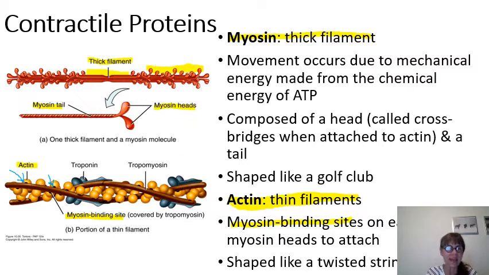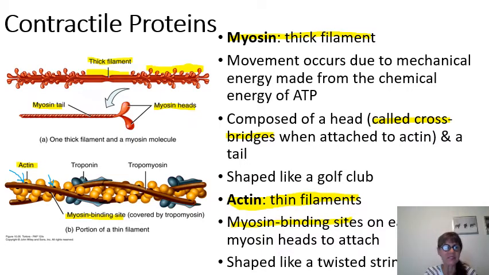When the myosin heads bind to myosin binding sites on actin, they form a structure that is called a cross bridge. When myosin and actin are attached, they form a cross bridge. Remember that myosin attaches to myosin binding sites on actin. I keep saying that because that's important.